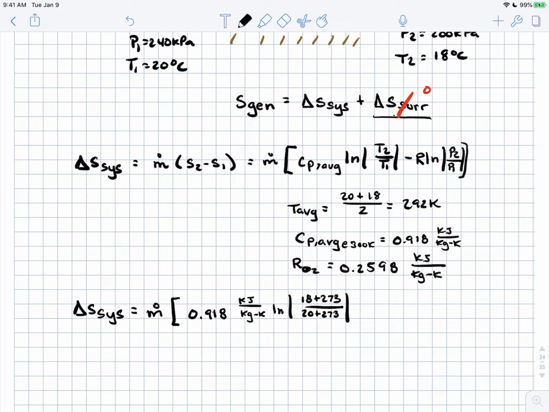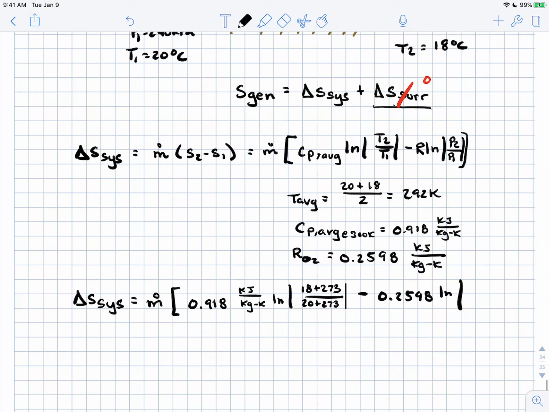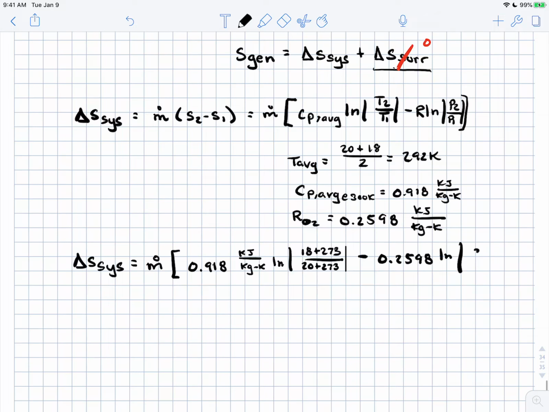We're converting these to absolute units, so please be mindful of that. If you have an ln of 0 and try to plug that into your calculator, it sure won't like that. To avoid that, we make sure to use absolute units in this calculation. Then R, here we have 0.2598 times ln of P2 over P1, with pressure 2 dropping as it goes down the pipe.